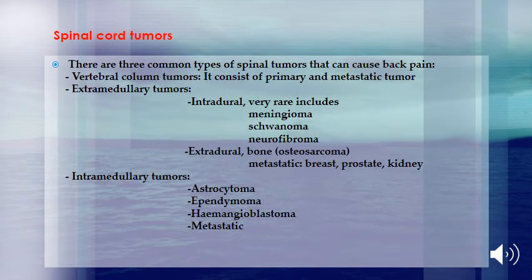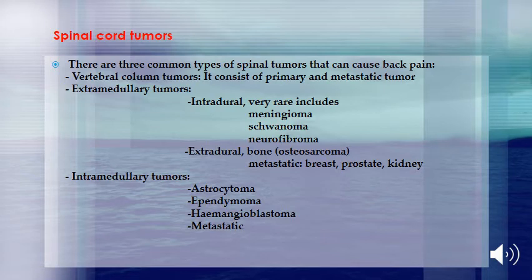Spinal cord tumor. There are three common types of spinal tumor that can cause different signs and symptoms of a spinal cord lesion. The first is vertebral column tumor, like metastatic or primary tumor. Extramedullary tumor includes either intradural or extradural tumor.